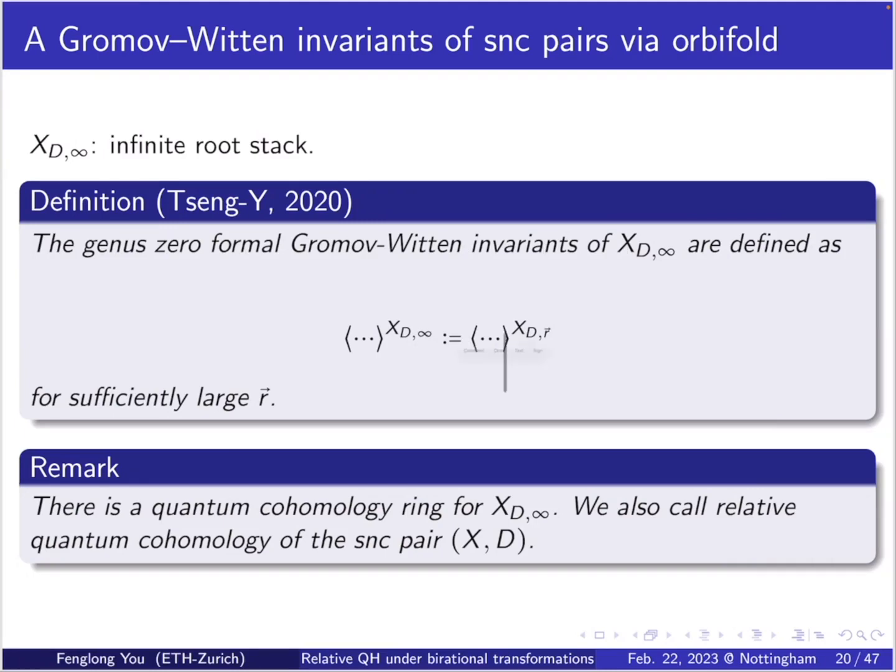This kind of Gromov-Witten theory occurs with tangency conditions along simple normal crossing pairs. And there's also a quantum cohomology ring for this kind of relative or orbifold Gromov-Witten theory. We also call this relative quantum cohomology for simple normal crossing pairs.